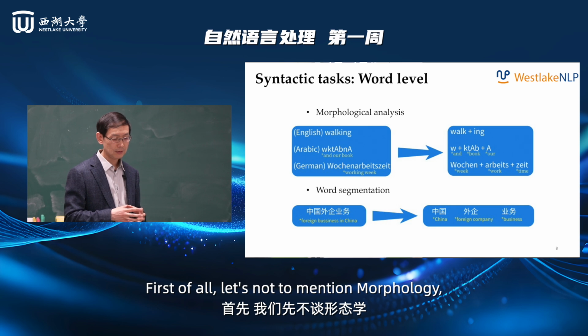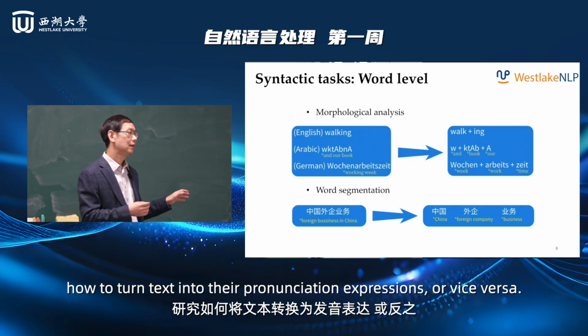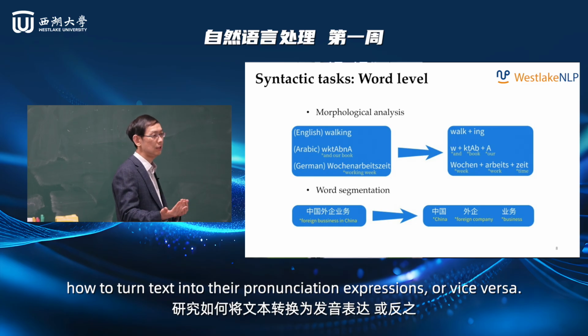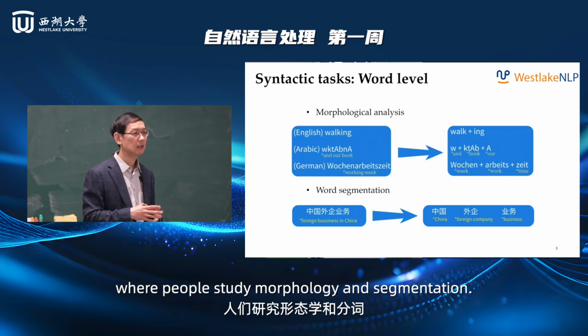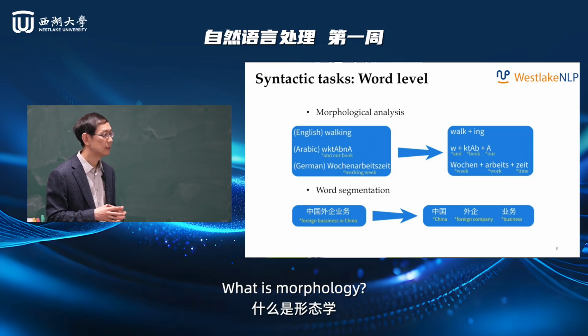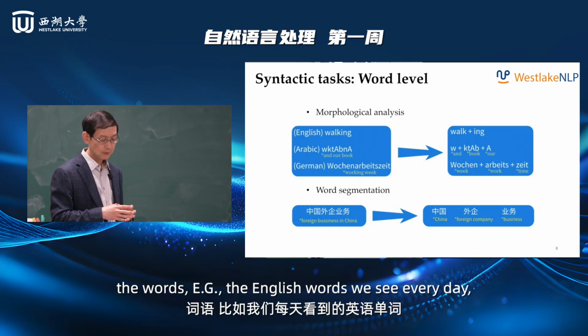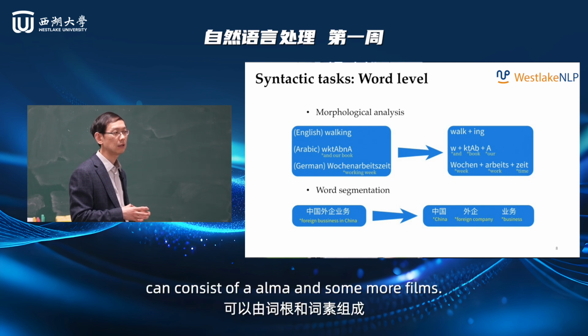All right, first of all, okay, let's not mention phonology, which studies the pronunciation, how to turn text into their pronunciation expressions, or vice versa, okay? But on the word level, right, people study morphology and segmentation. So what is morphology? So the words, for example, the English words we see every day, okay, can consist of a lemma and some morphemes that are composed.